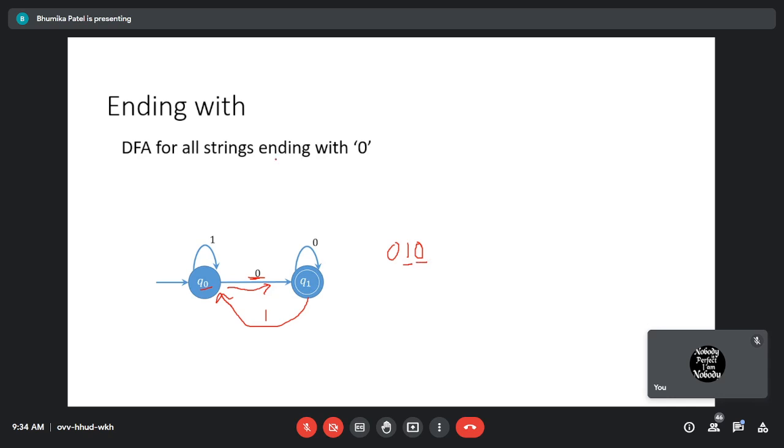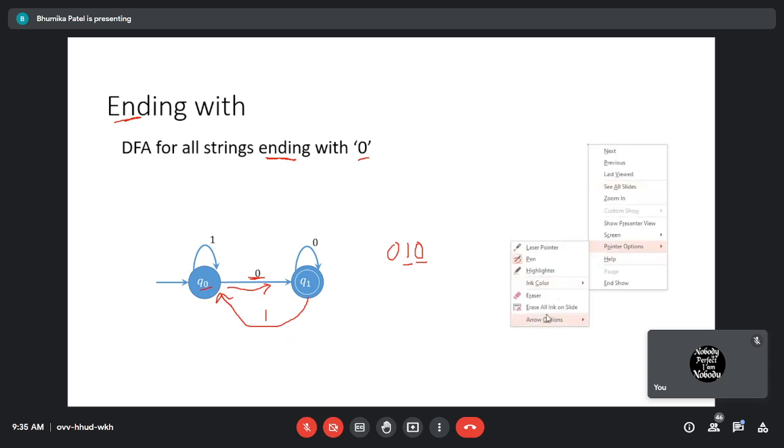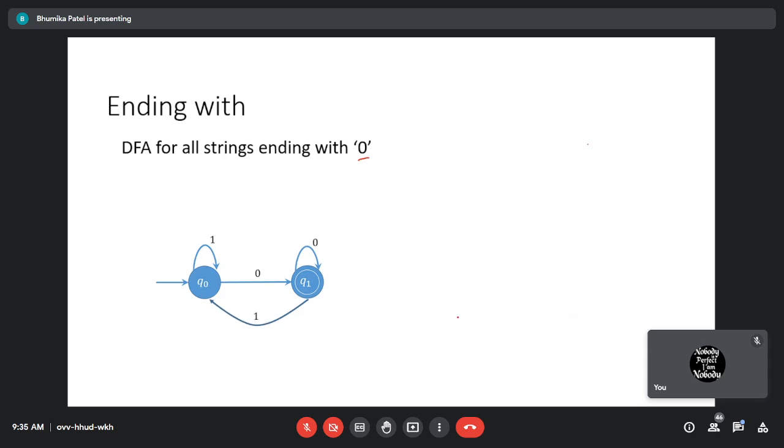So here you have to remember: when we have the case of ending with, we do not take an extra state. The dead end comes only in starting with, not in ending with. Clear? Another thing to remember: if it is ending with, there will always be one back edge from the final state, because the string ends with only one symbol, not two. So it will always be one back edge from the final state to any of the states. Right now we have two states, that is why it goes to Q0 for 1.